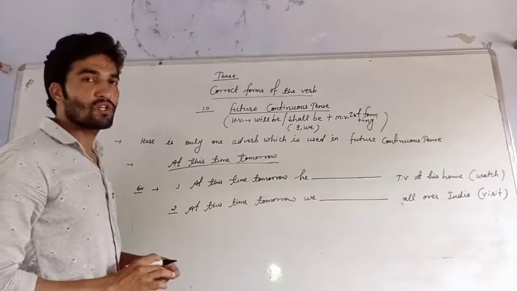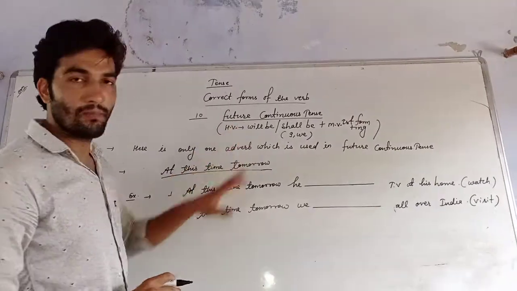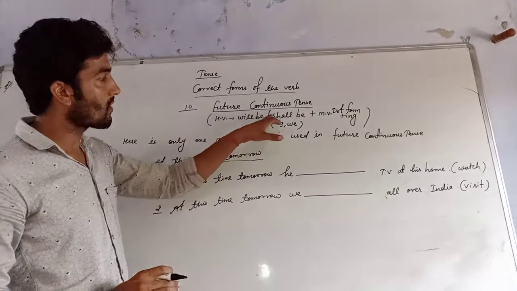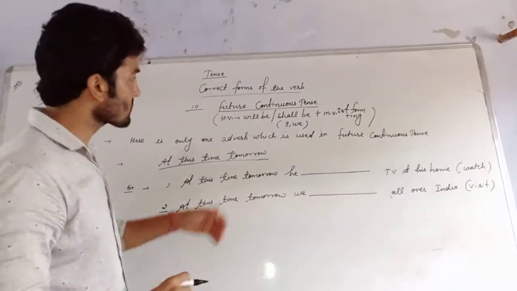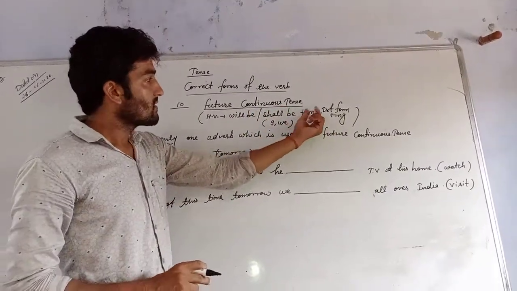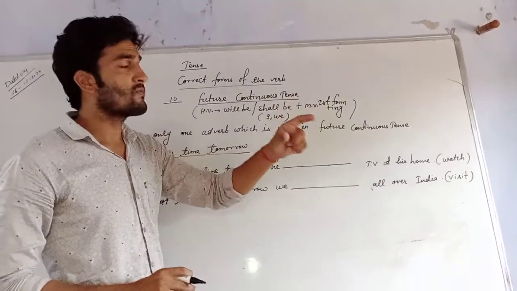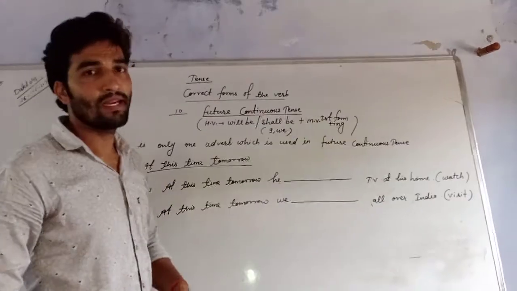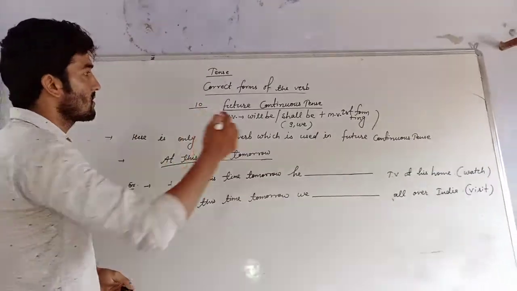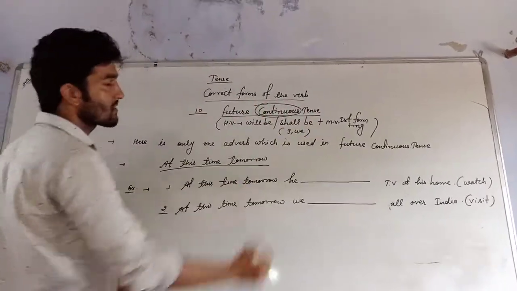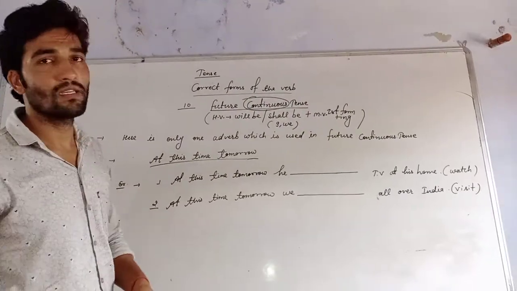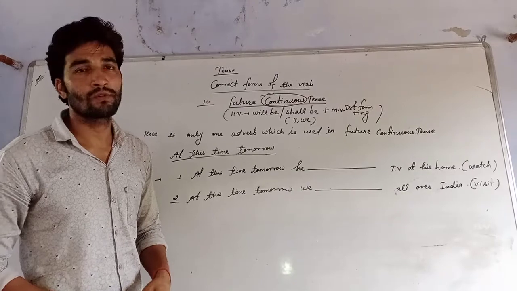To identify future continuous tense, we have two helping verbs, will be or shall be, plus the first form of the verb, and with the first form of the verb, ing will be added, because in continuous tense ing is always used.